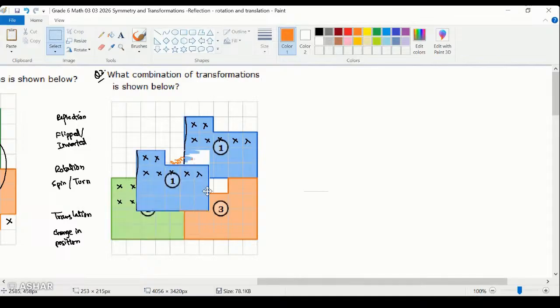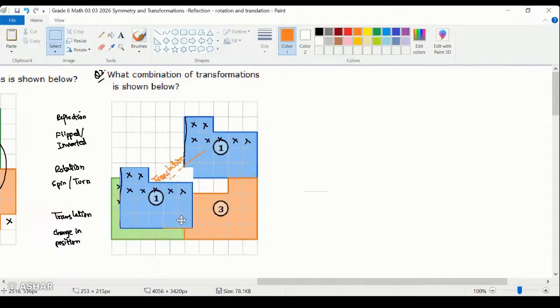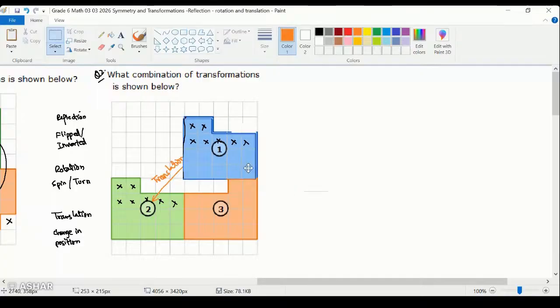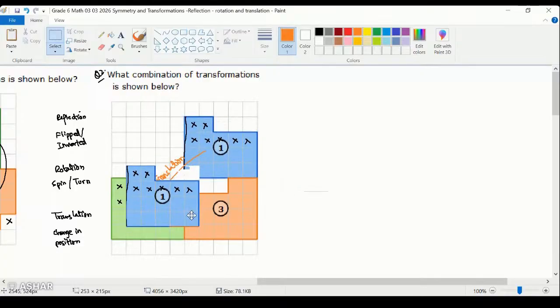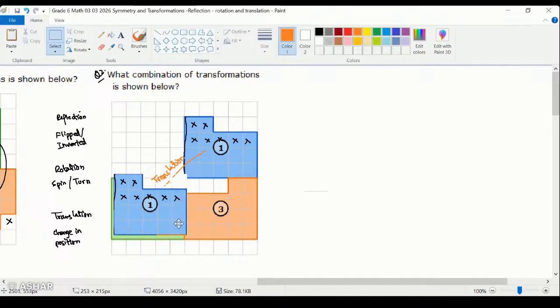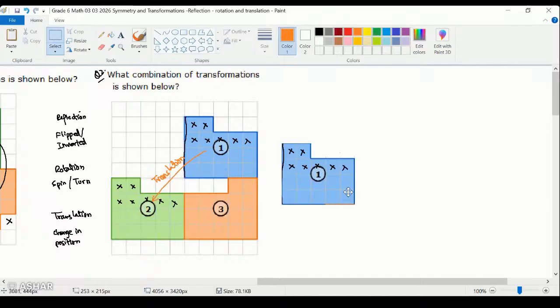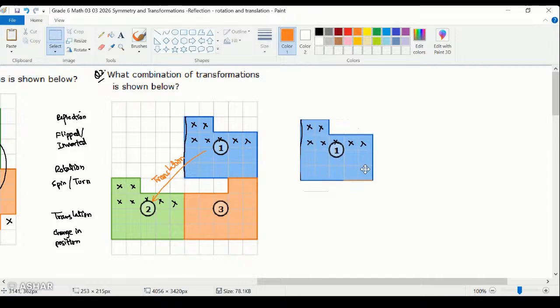Agreed? Only the translation, no spinning, only the shifting. Do we agree? 1 and 2 is translation. Only the position has been changed.